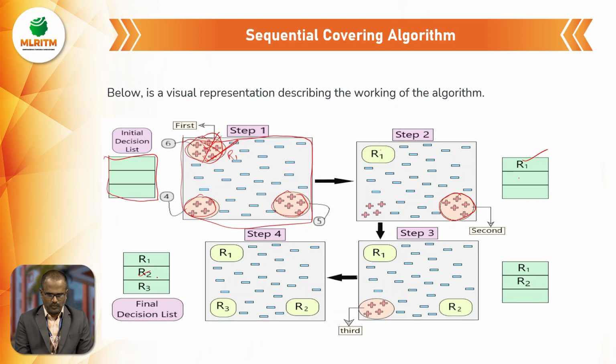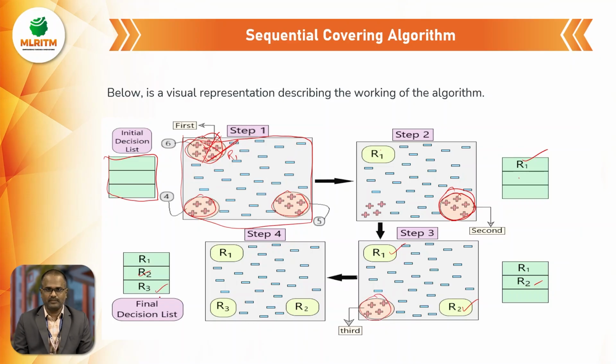In the second step, the next positive examples are covered with the help of rule 2, that is R2. In step 3, we removed the first and second positive examples, and then the machine learns another rule, that is R3, which covers these positive examples.